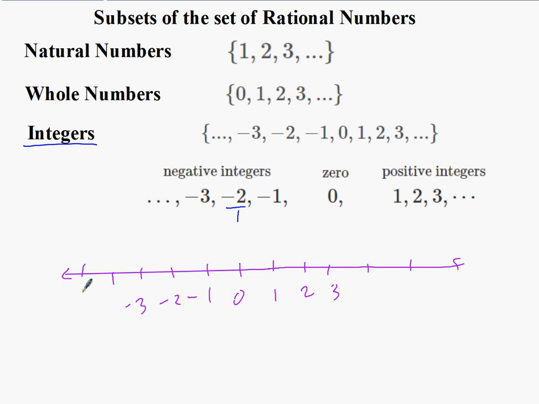How big is the set of integers? How many integers are there on the number line? Somebody else help me out here. You can just type it in the chat if you want to. Okay, I'm seeing it. Infinite. Good. Okay, the set of integers is infinite also. There are an infinite number of integers and there are an infinite number of rational numbers.